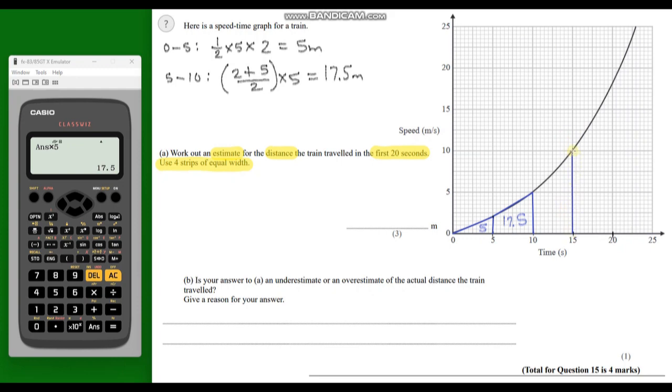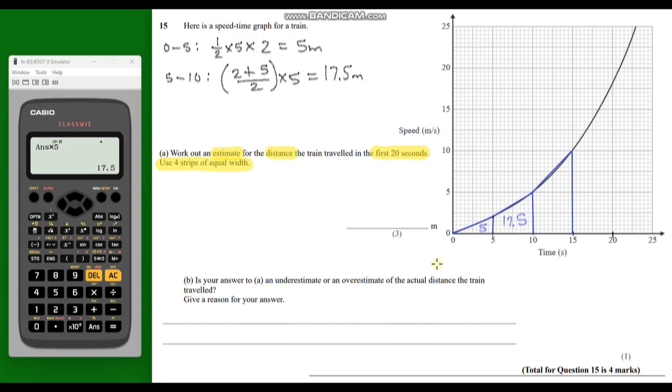Up to here, and then draw a line from here to here. And you can see now we're starting to make a bit of an error. Obviously we're only doing an estimate, but you can see this sliver that we're accounting for that we shouldn't account for. So we'll come to that in the second part of the question.